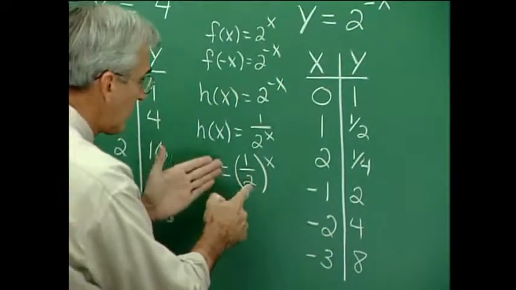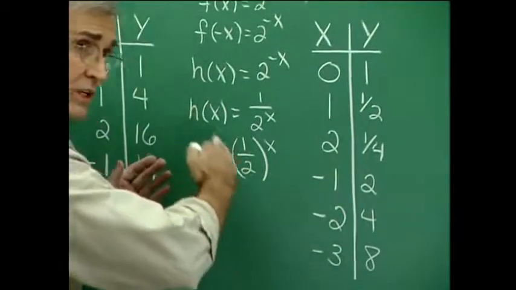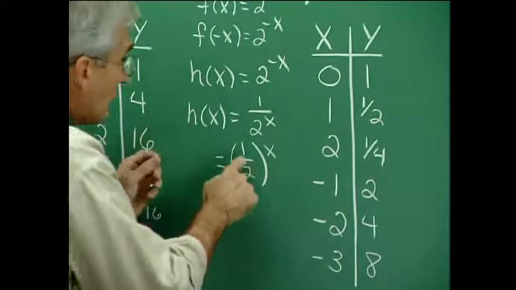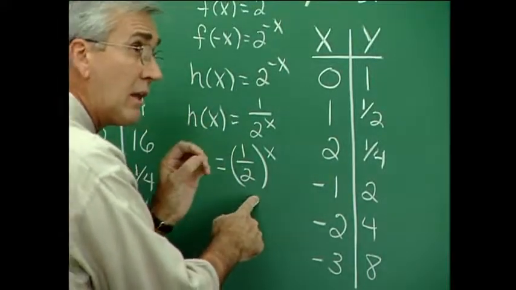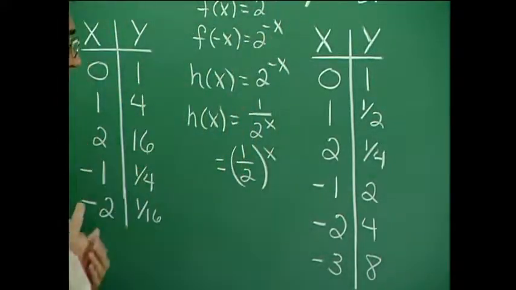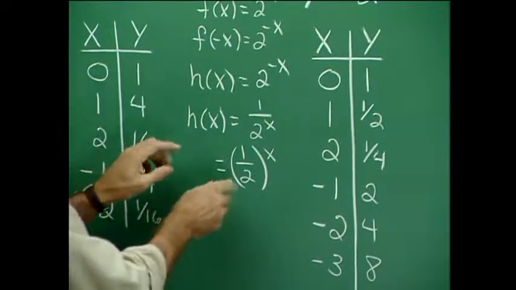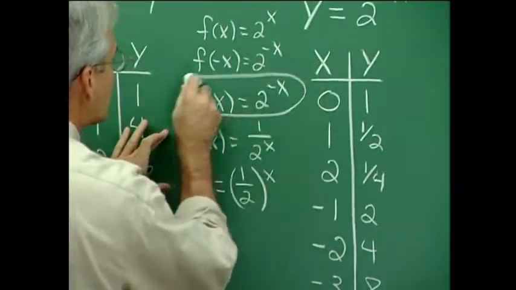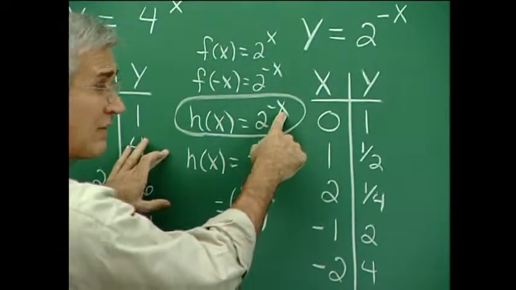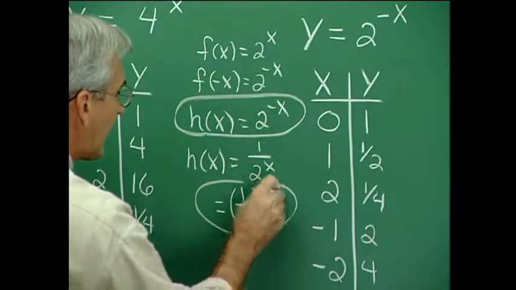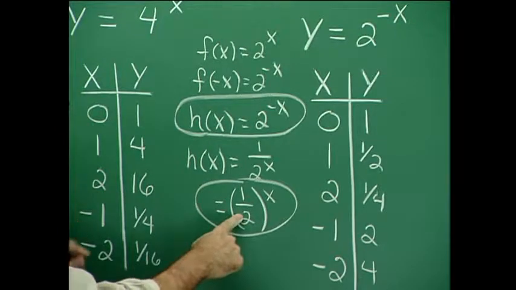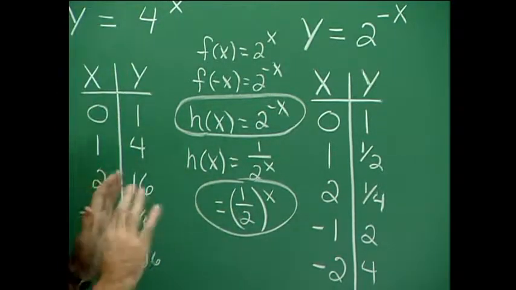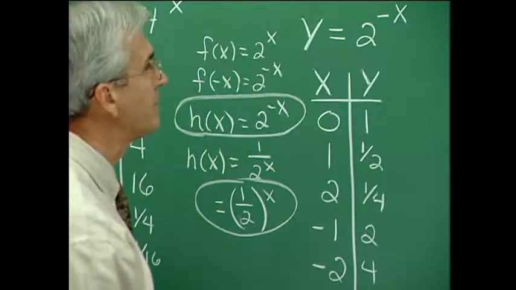This is the circumstance where the graph continually decreases throughout its domain. And when the base is greater than 1, the graph increases throughout its domain. So we can either think of this part of the family of functions as taking on this form with a negative exponent, or we can think of it as taking on this form with a number as its base between 0 and 1. Two ways to study the situation, really.